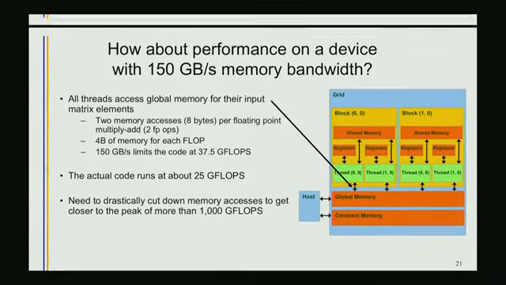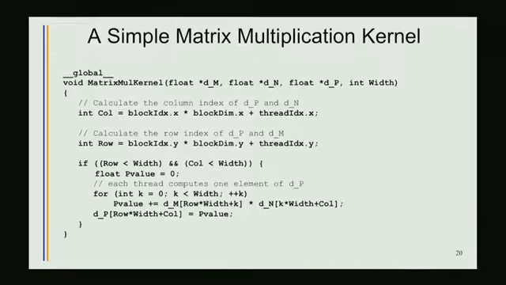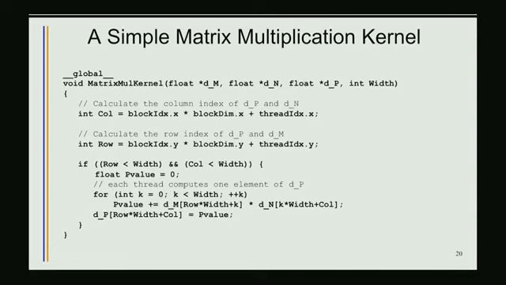And I'm going to give you a hypothetical for the moment. So let's say, by the way, when we're executing this code, let me go back to the previous slide, just so that it's all clear to us. Float M, float N, and float P, star D underscore M and so on, right?